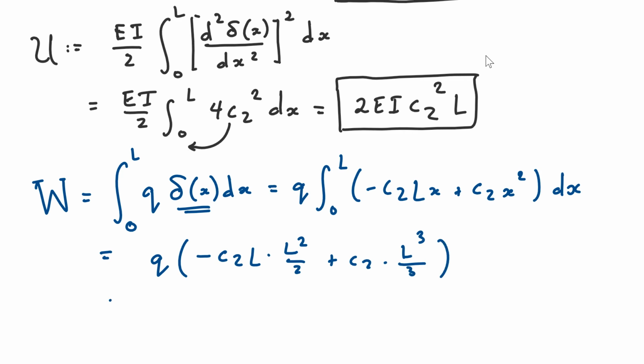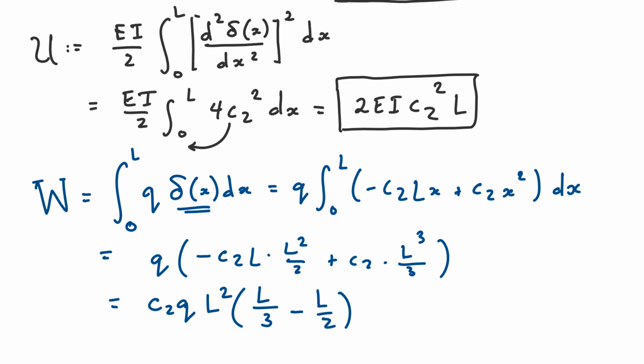And then if we make this a little simpler, we can factor out a C2Q, right? We can factor out a C2Q L squared, and we're just left with L over 3 minus L over 2, right? I think I did that correctly.